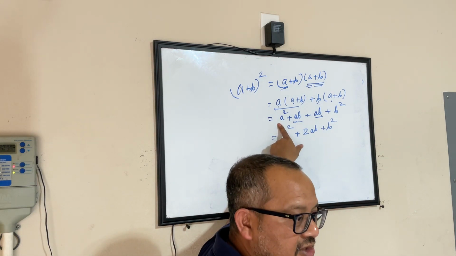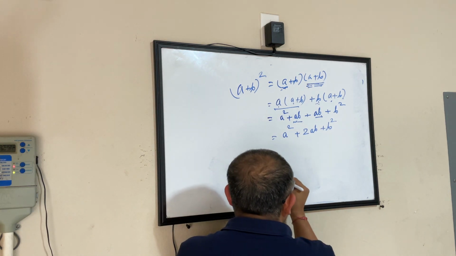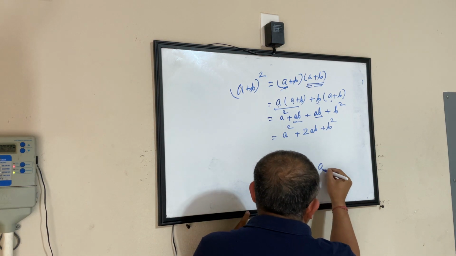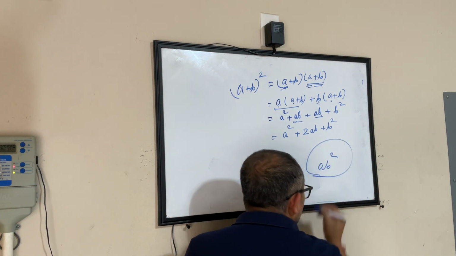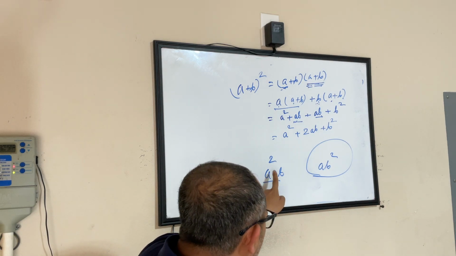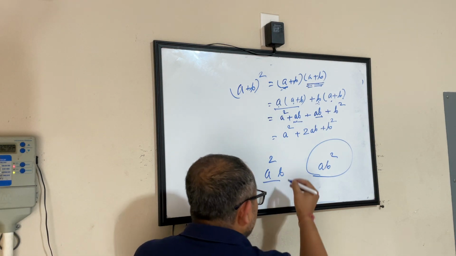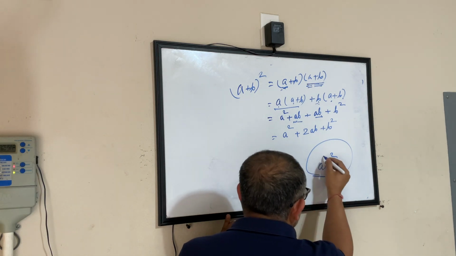They are all different for me. If I have a square b and a b square, this is apple and this is probably watermelon. They are different. I will only treat them the same if the degrees are matching. Here the degree of a is 2 and here it's 1.